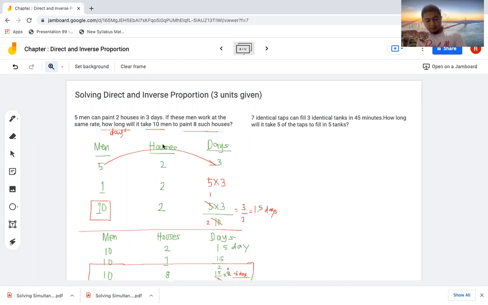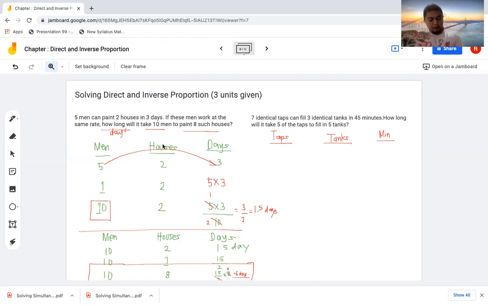So let's say, for example, the first unit will be for the taps. The second unit is for the tanks. And the third unit represents the minutes or the time. So you guys can also create your own units here. It doesn't matter.